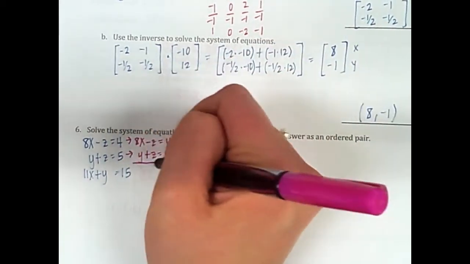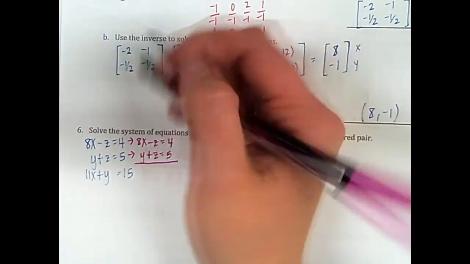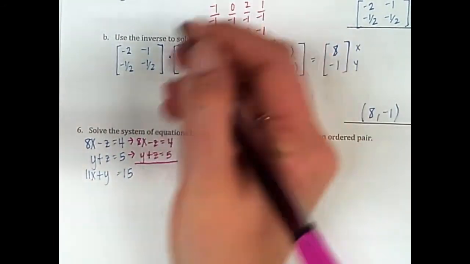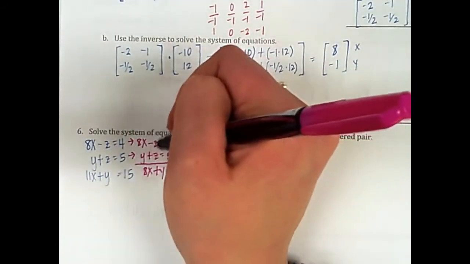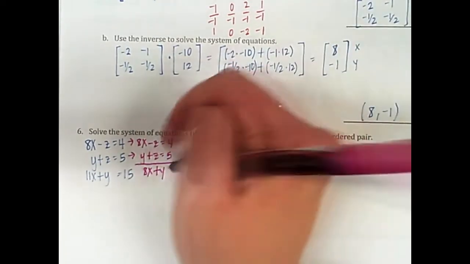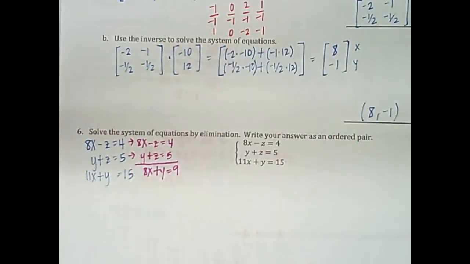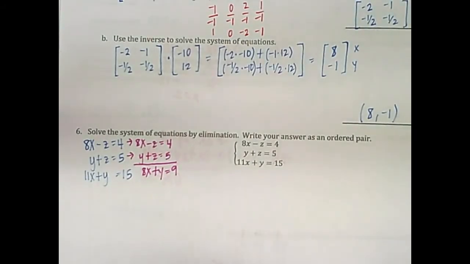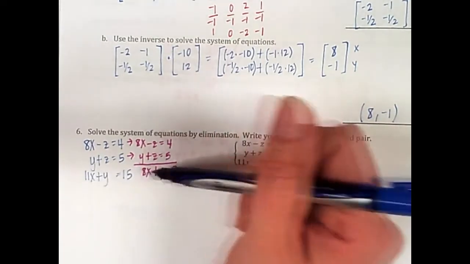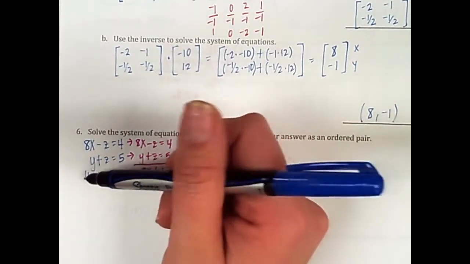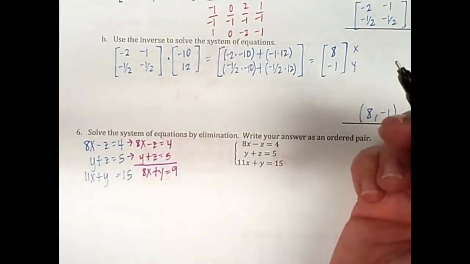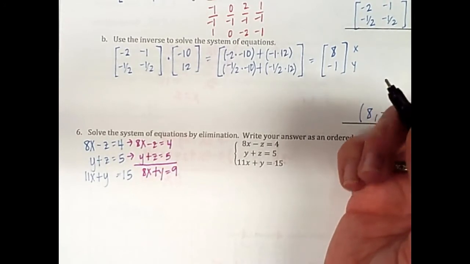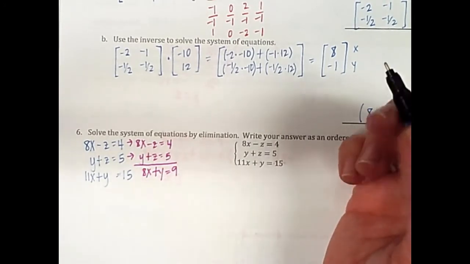So now all that I have to do is combine my like terms. Now 8x and y can't combine, so I'd bring down 8x plus y. Negative z plus z, well that cancels, and then now it equals 9. Okay, so what I notice here is that I now have 8x plus y equals 9, and I have 11x plus y equals 15. So I have 2 equations with 2 of the same variables involved.